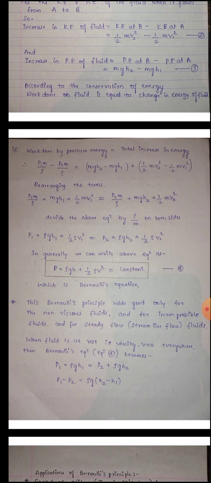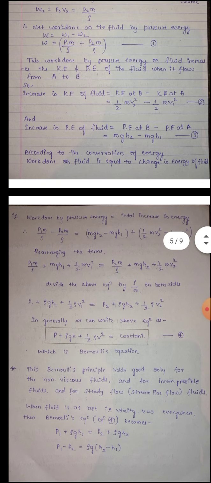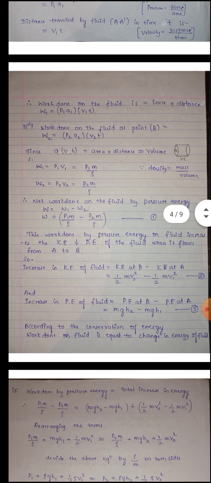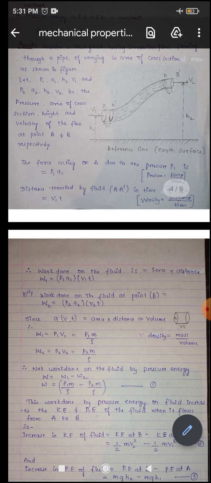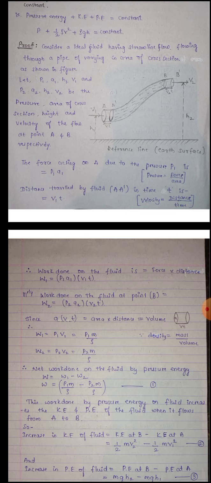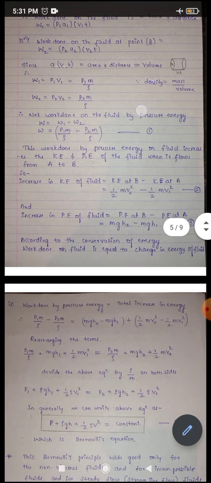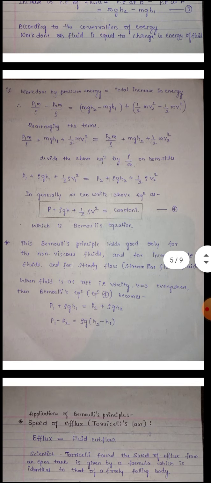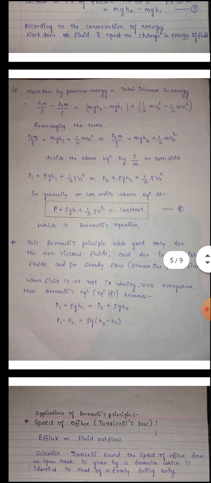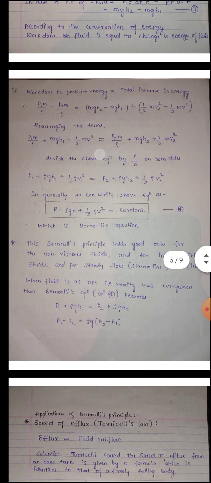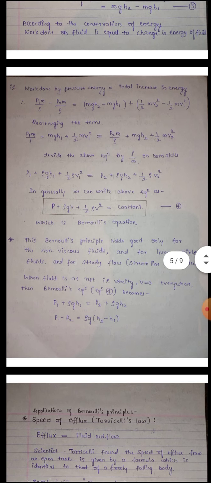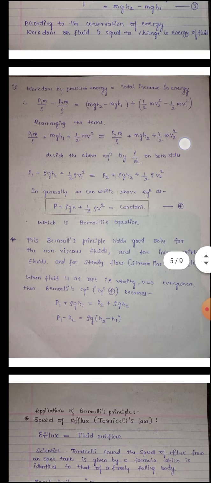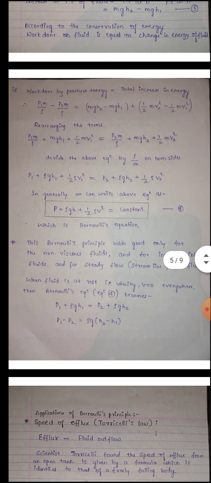We have separated the first and second points, that is, the terms corresponding to the end A are equal to the terms corresponding to the point B. See, P1m divided by rho plus mgh1 plus 1 by 2 mv1 square is equal to P2m divided by rho plus mgh2 plus half mv2 square.